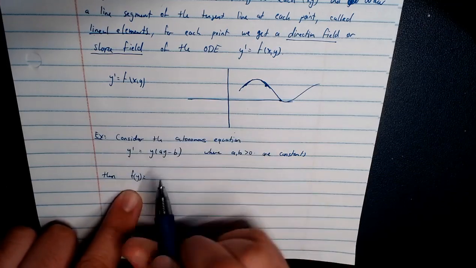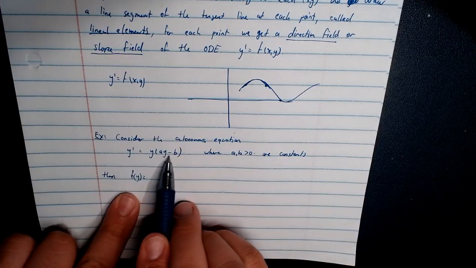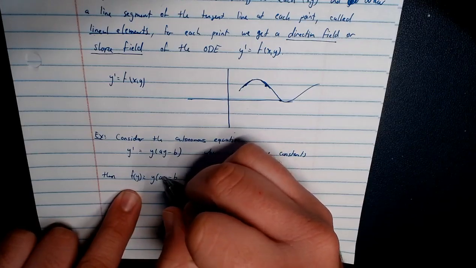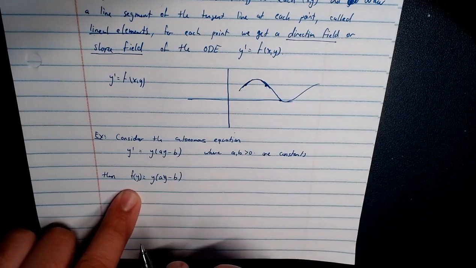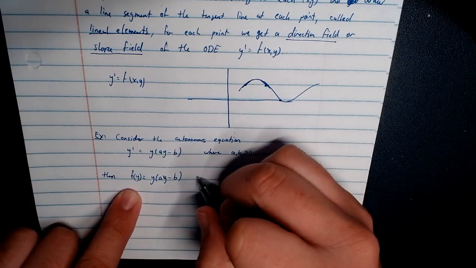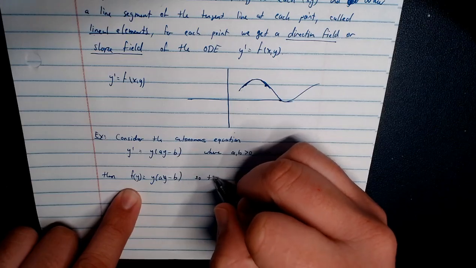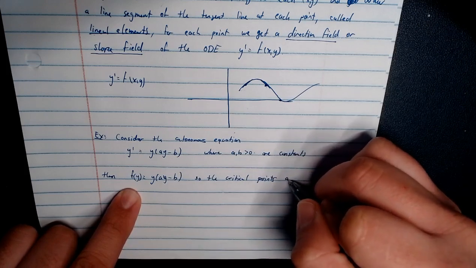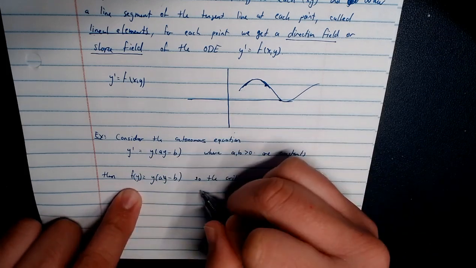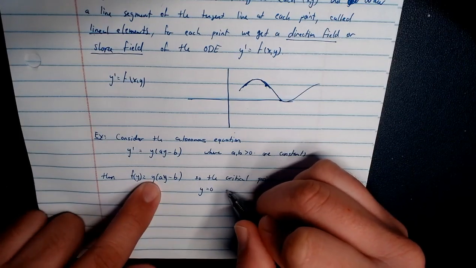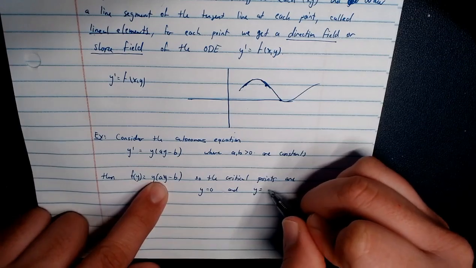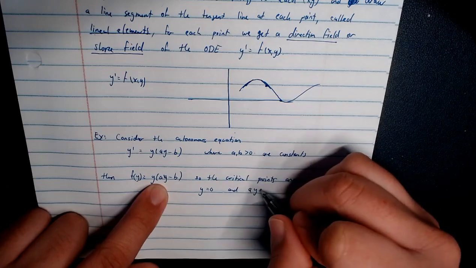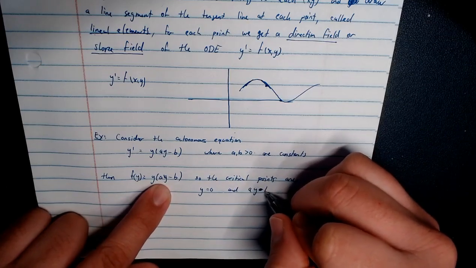Then, f of y, well, the way autonomous equations are written, y prime equals f of y. So f of y is all of this stuff. It's y times (ay minus b). So the critical points are whatever makes this 0. y equals 0, and ay minus b equals 0.